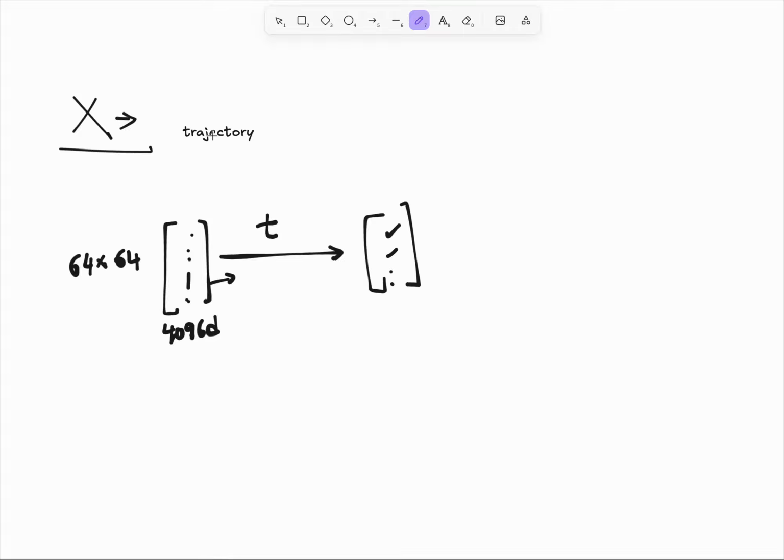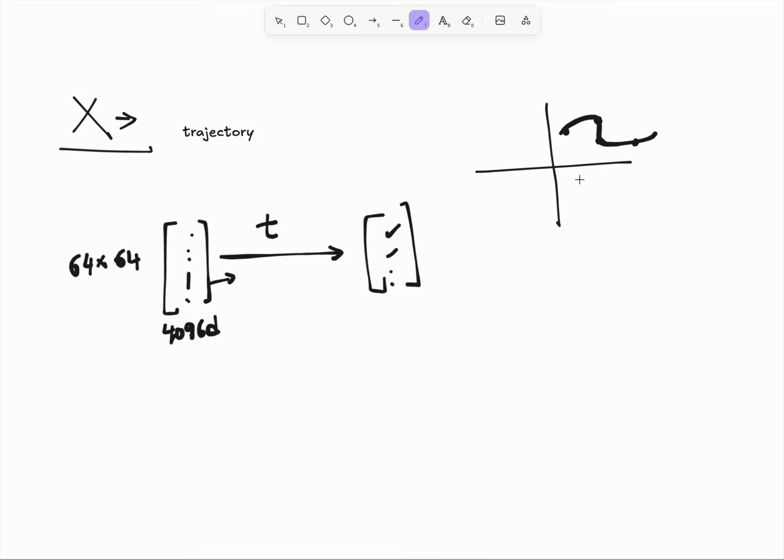So let's come back to trajectory. What is the trajectory? Say I have a 2D plane here and I have a point here, a point here, a point here, and a point here. The trajectory is essentially a function that connects these points.